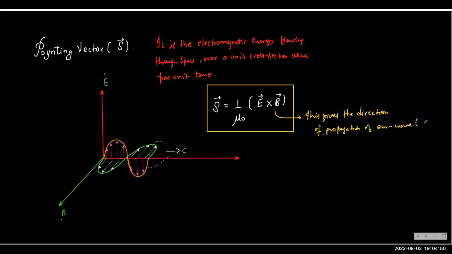It may be light also, but light is only a small part of EM wave. So this is the very interesting Poynting vector, and I just wanted to introduce this term. You will study at the end of the class 12th syllabus called EM wave, where I will re-invoke the same to explain something more deeper of science.